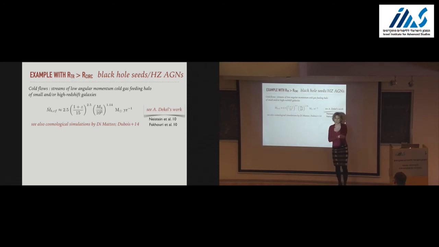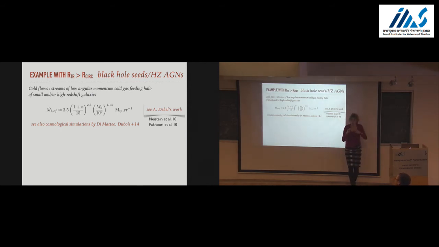So at high redshift, and for small halos, smaller than roughly 10 to the 11 solar masses, simulations show that halos are fed from the cosmic web by cold filaments of baryonic matter with very low angular momentum that penetrate the virial radius of the halo, and they call these cold flows.